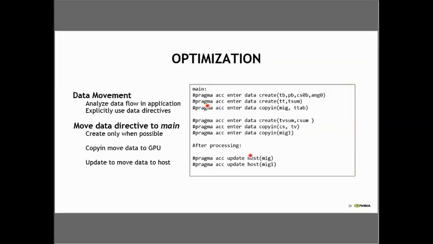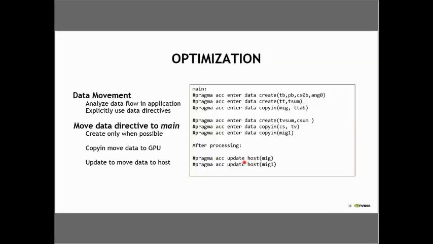Copy in is moving the data, and then there's a part where the data was being written back to the host. We had to insert an update clause to send the particular data structures, the MIG and the MIG1 data structures, from the GPU back to the host. We inserted that at the key place after the while loop where the update was needed.